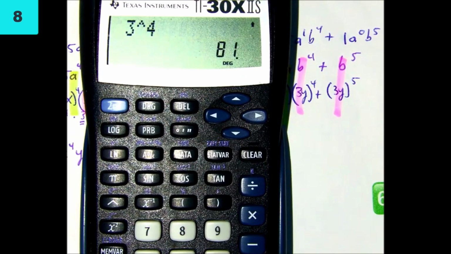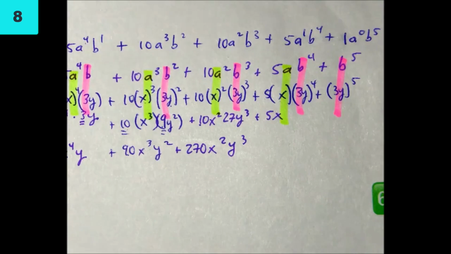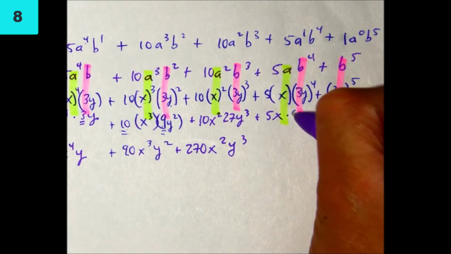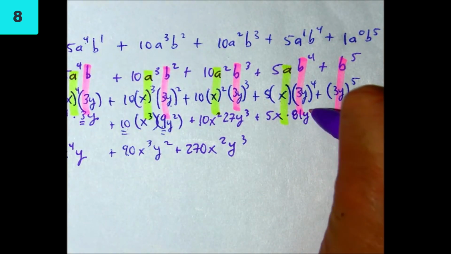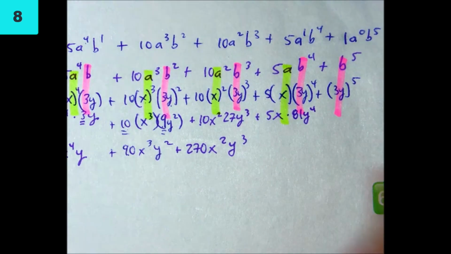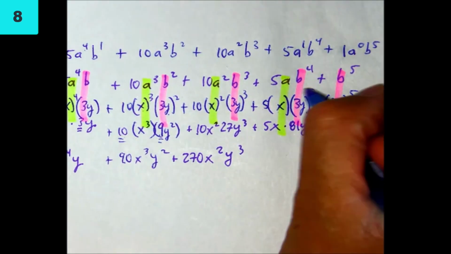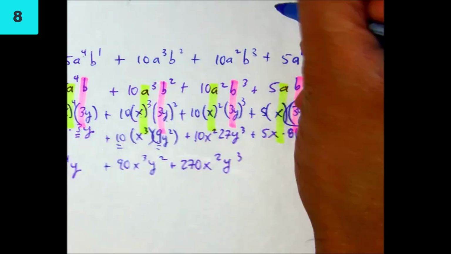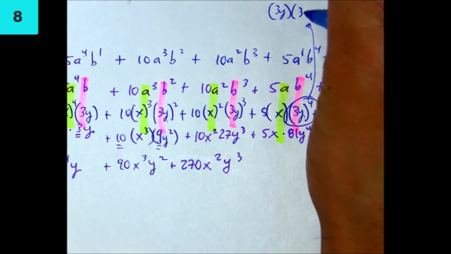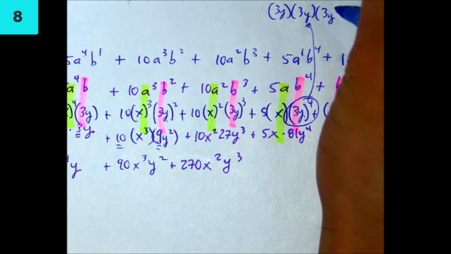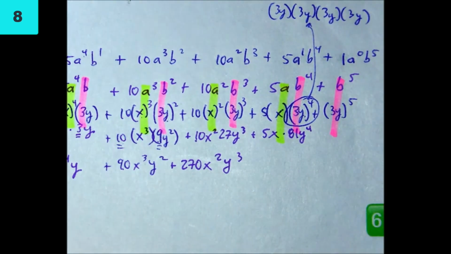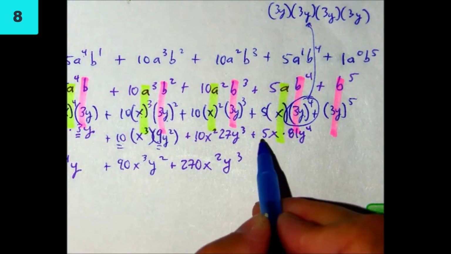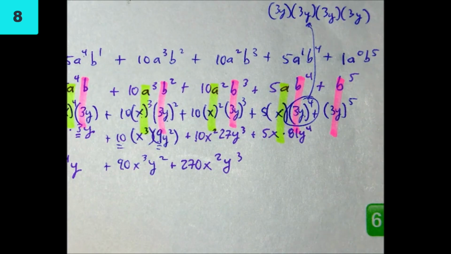Some of your calculators will have x to the y power. So I get 81 to the fourth. Because remember, this here basically means 3y times 3y times 3y. Does that make sense? And if you multiply 5 times 81, you get 400.